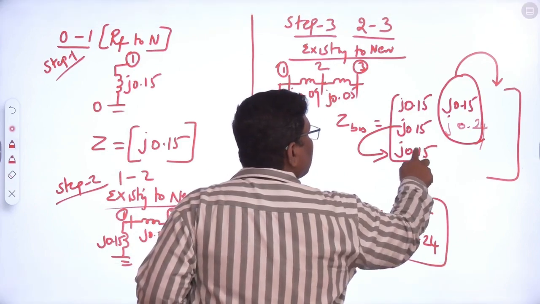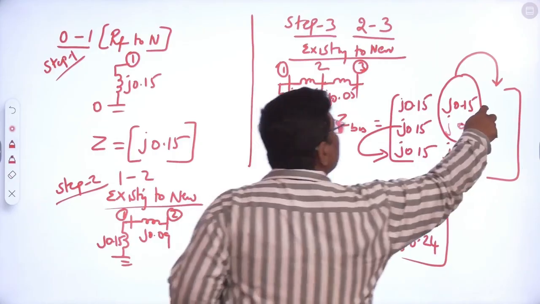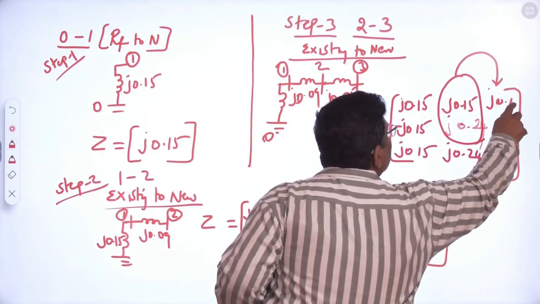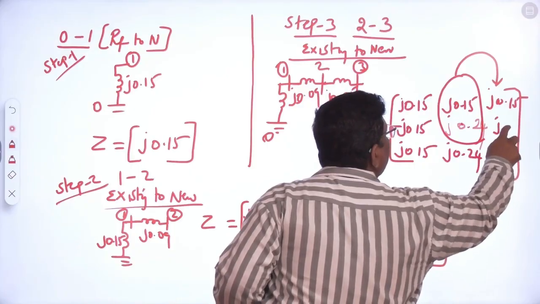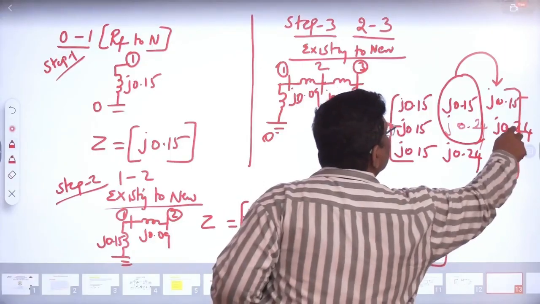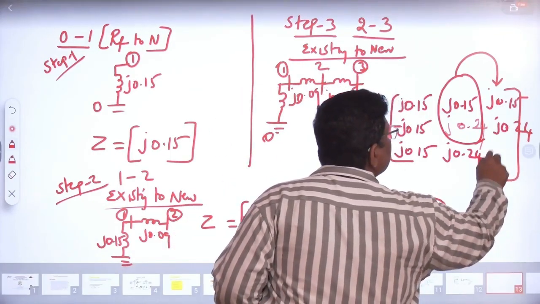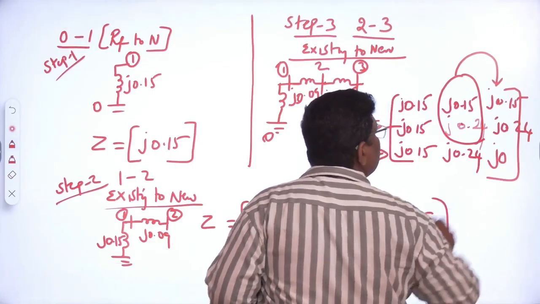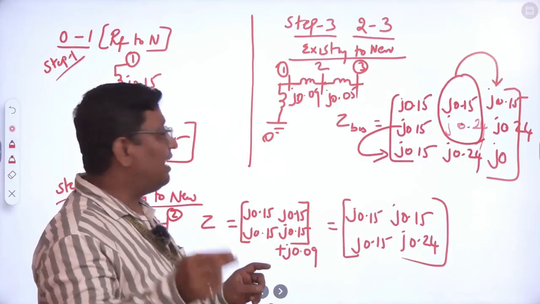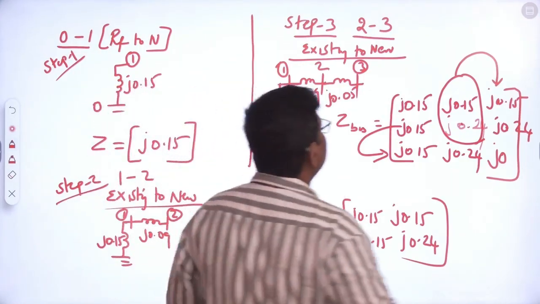j0.15, j0.24. So here also j0.15, j0.24. And the last value, Z33: the value 0.24 is added with the element available between 2 and 3, that is j0.05.